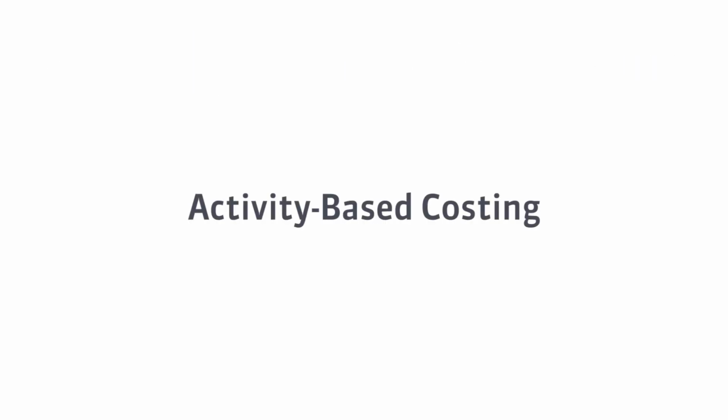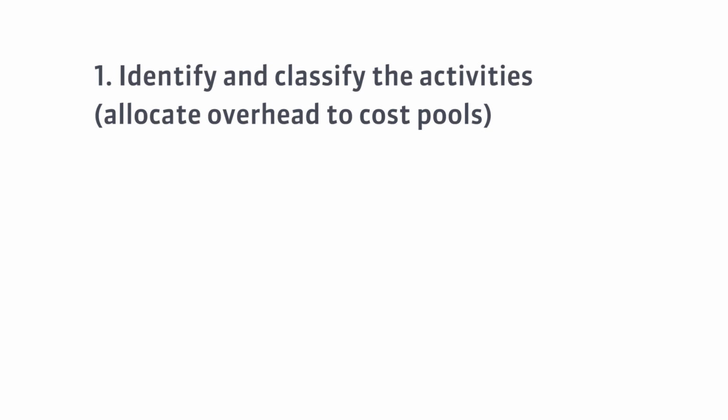Let's now see what will happen to the unit cost calculated under ABC. I'm going to do this in the following 4 steps. Identify and classify the activities. Allocate overhead to cost pools. Identify the cost drivers.